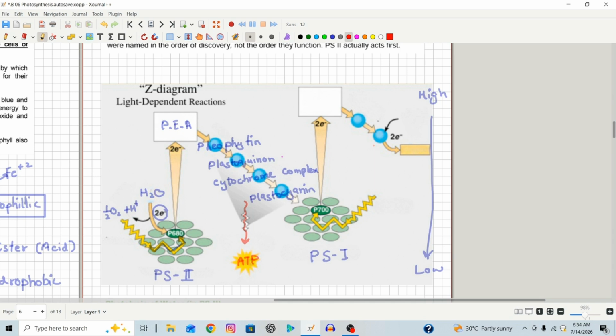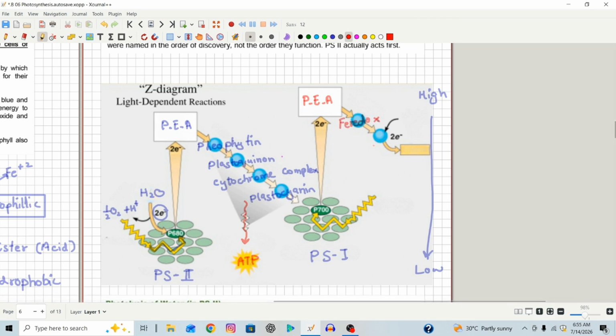So the electrons will go from the primary electron acceptor to photosystem 1, and from photosystem 1 they will go towards the primary electron acceptor of photosystem 1. The primary electron acceptor of photosystem 1 will gain those electrons again, and after that they will go towards ferredoxin.